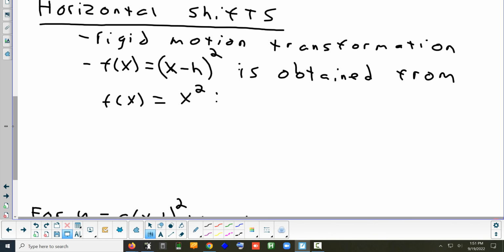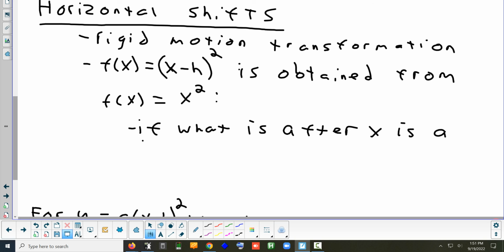Okay, so if what comes after the x is a negative, like x minus 3, x minus 2, something like that, if what is after x is a negative, you're going to shift right.